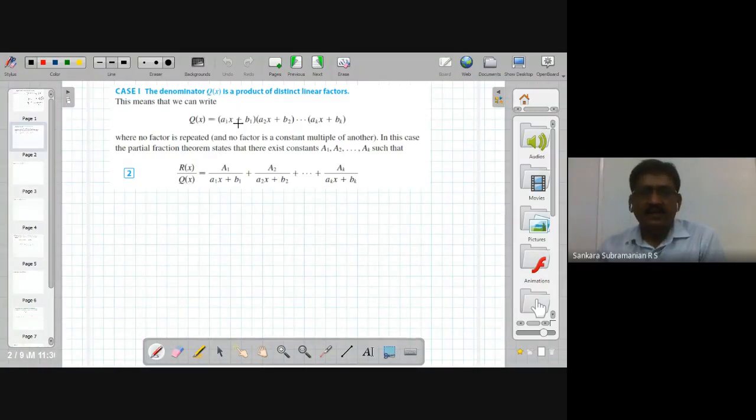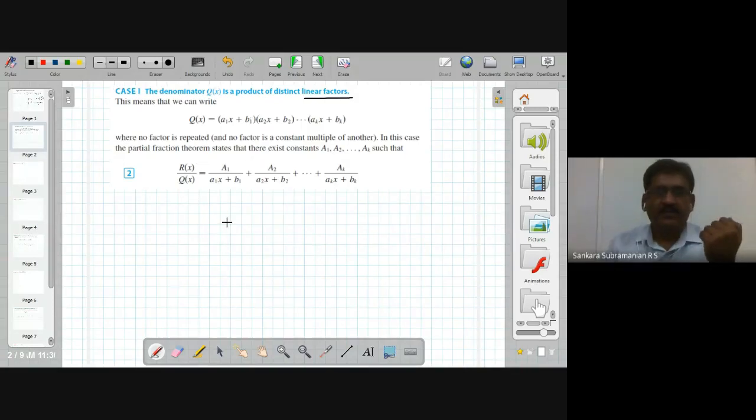If in the denominator q of x all the terms are linear and not repeated, not repeating means a square is a repeated term, x into x. A1x plus B1 whole square means A1x plus B1 into A1x plus B1, it is repeated. In this case, this is a linear factor and it is not repeated, so this comes under case 1.